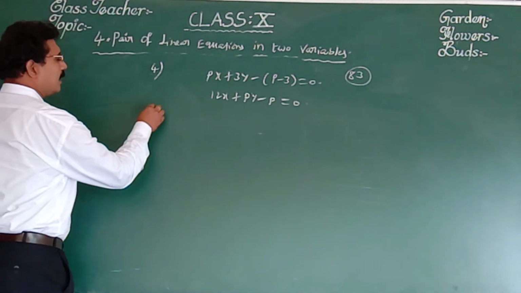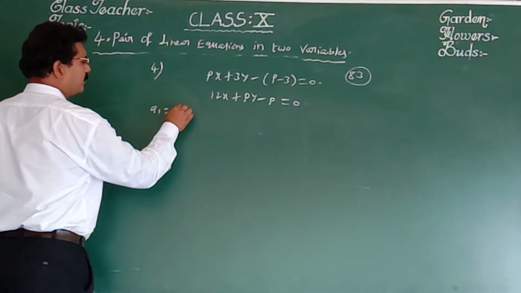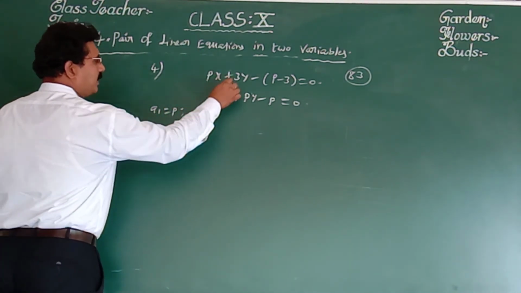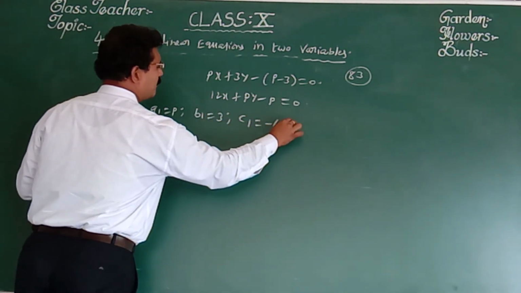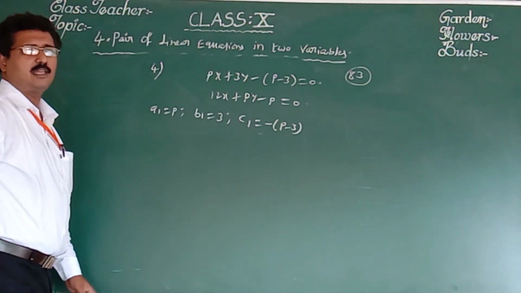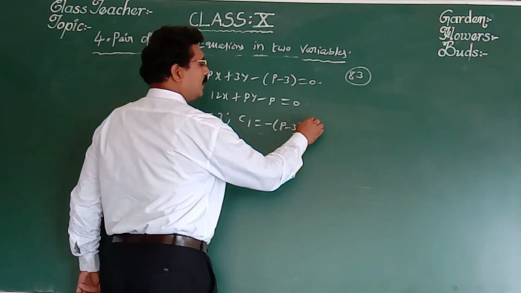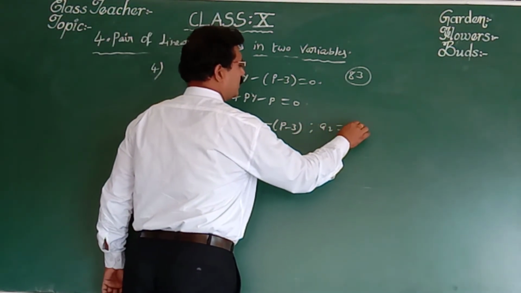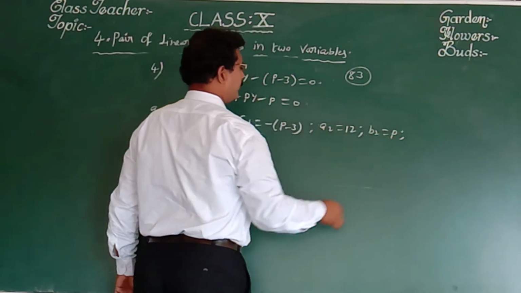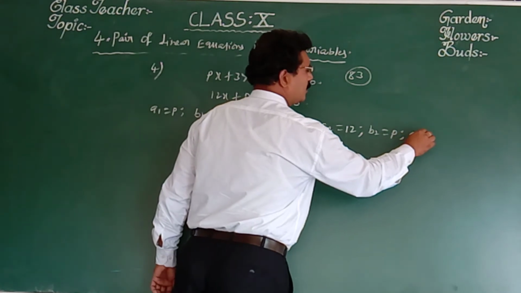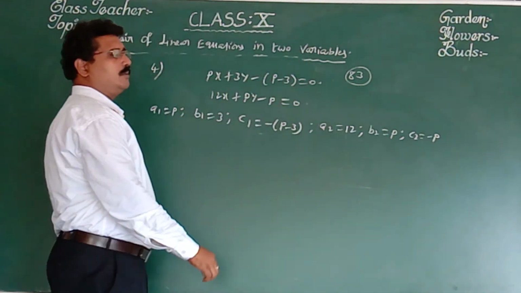First you write a1 = p, b1 = 3, c1 = -(p - 3), the total constant. Next, a2 = 12, b2 = p, c2 = -p.